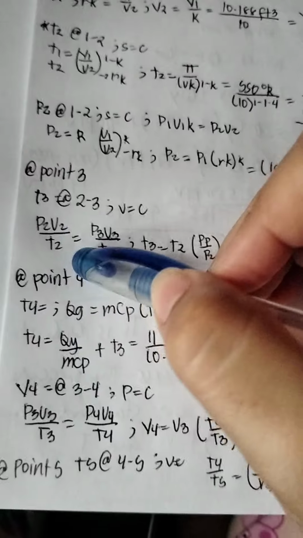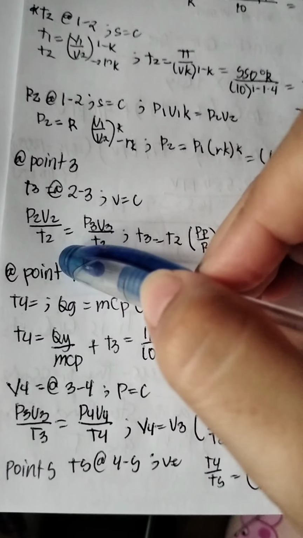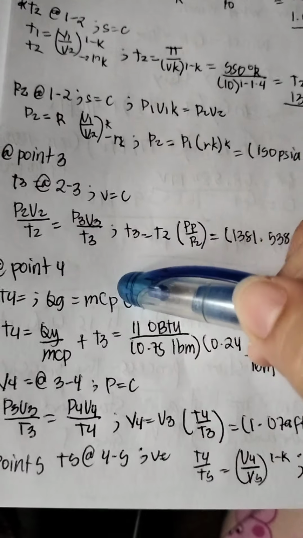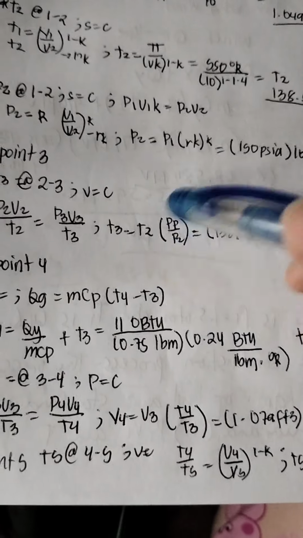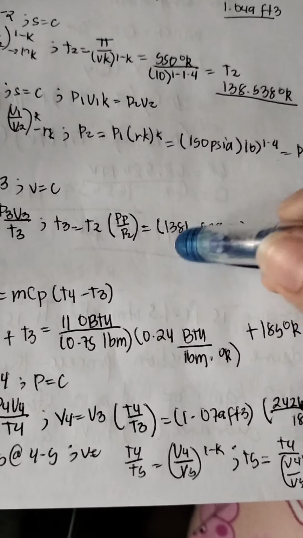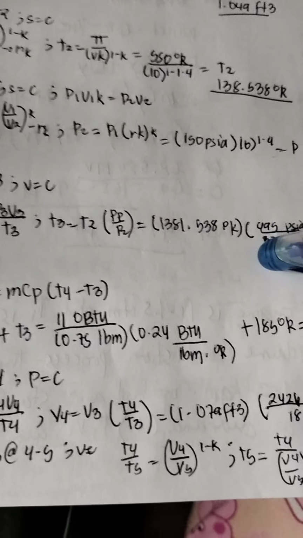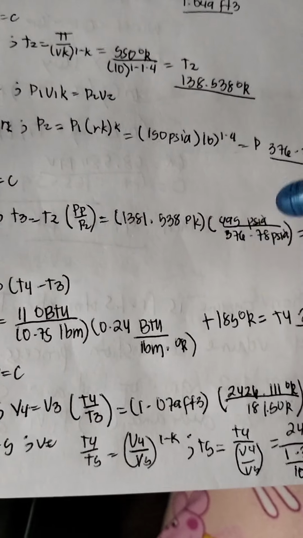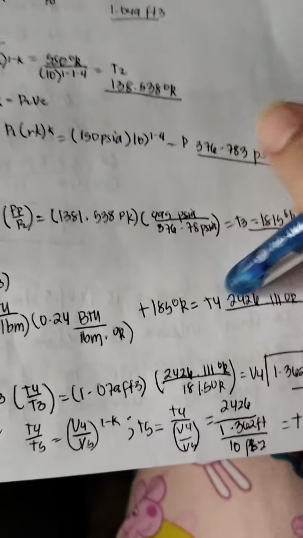So, sa point 3 naman, 2 to 3, V is equals to constant. Formula niya is yung P2V2 over T2 is equals to P3V3 over T3. T3 is equals to T2 times P3 over P2 is equals to 1381.538 R times 495 psia over 376.78 psia.